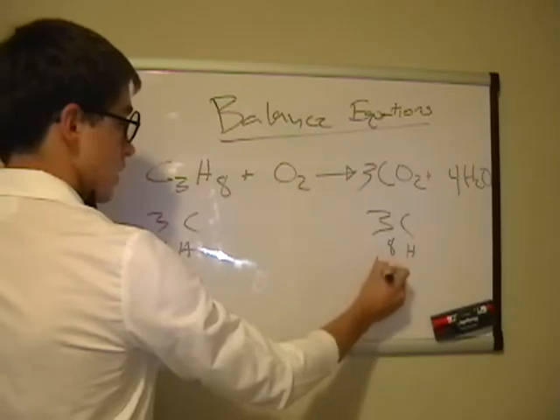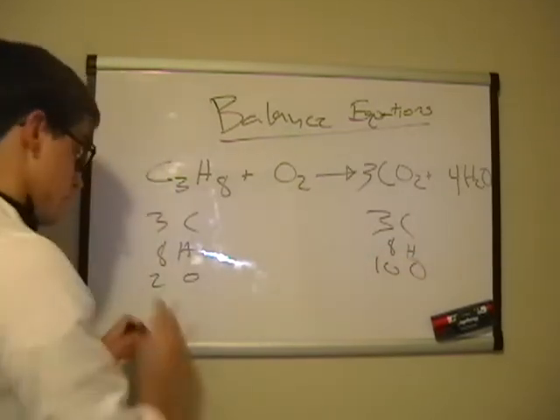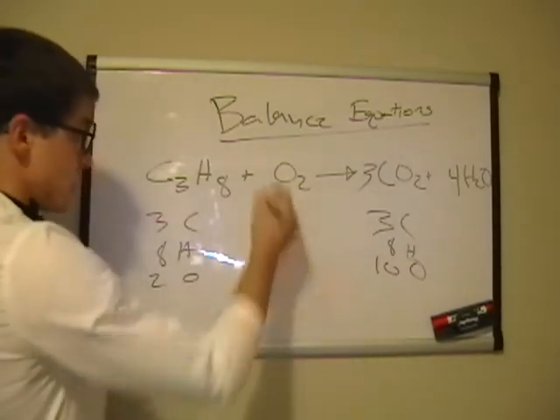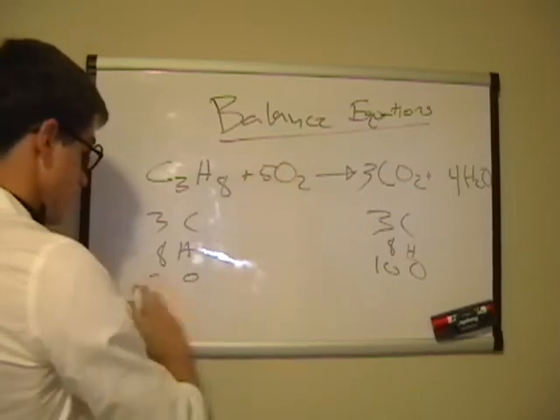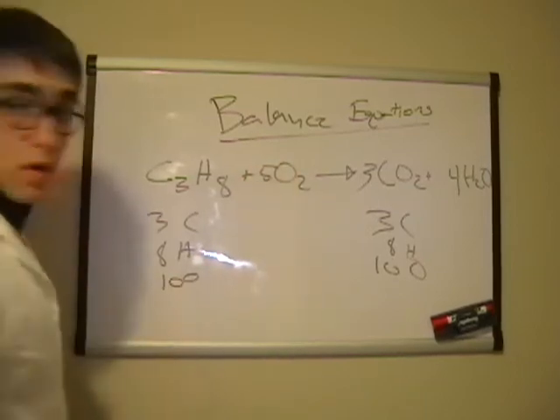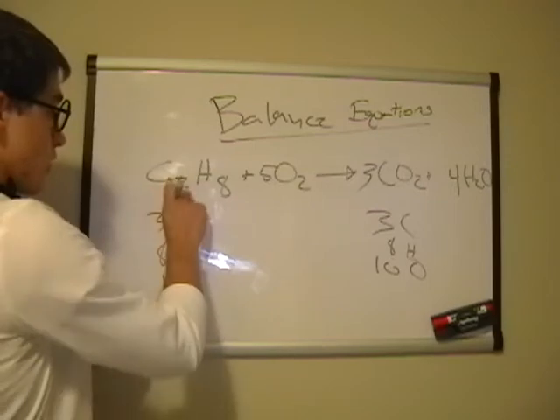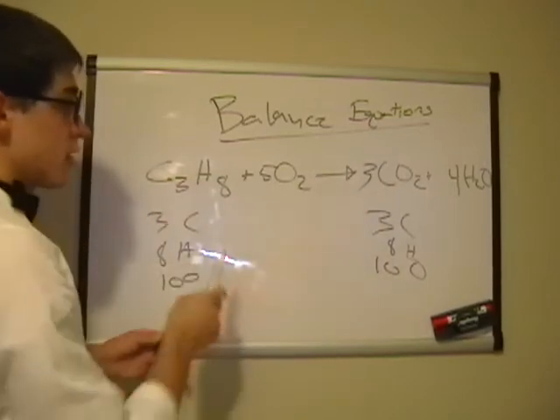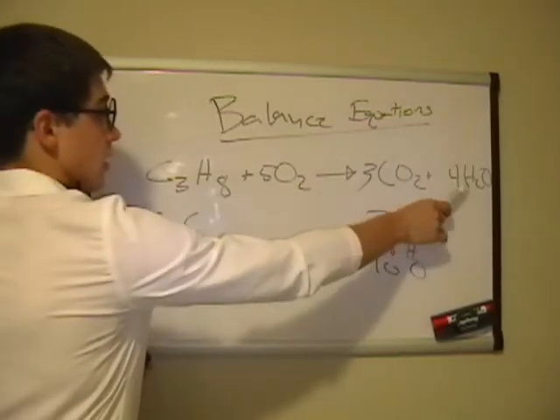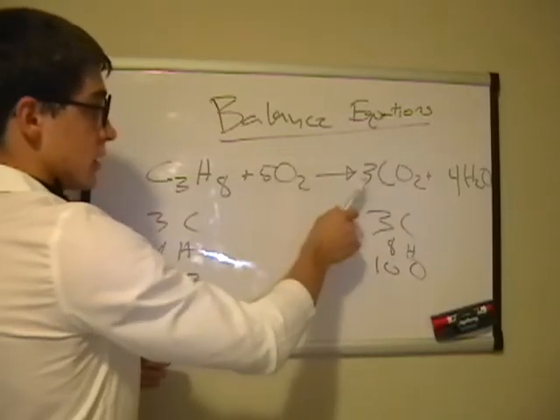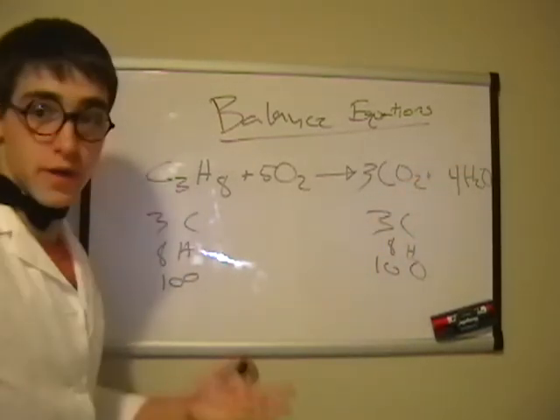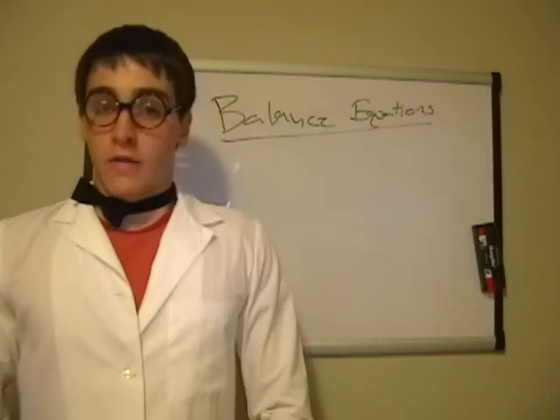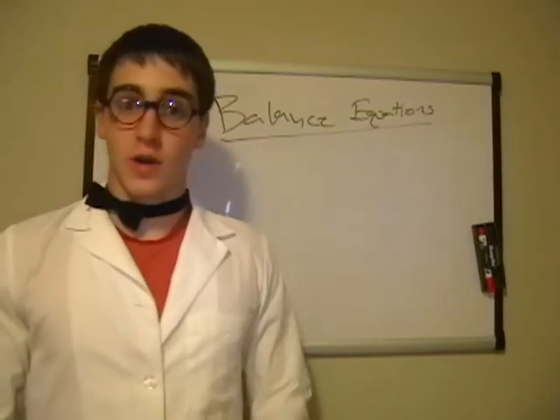So, 10 oxygens. Now, to get from this 2 to a 10, you multiply by a simple coefficient of 5. Double check. 3 carbons, 3 carbons, 8 hydrogens, 8 hydrogens, 10 oxygens, 6, 10 oxygens, and your equation is completely balanced. For our final equation, we'll try something a little more complex this time.